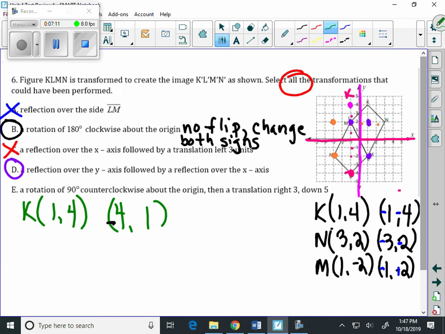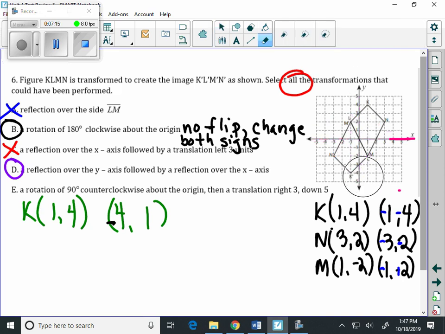So -4, 1, and I need to come over here and erase this picture before I can identify what I need to. -4, 1 would be our new K before we translate right 3 and down 5. Well, look, it landed on there, so that's a good start.